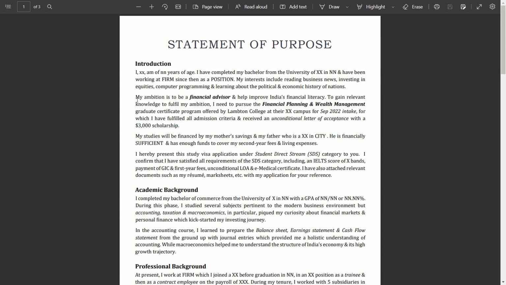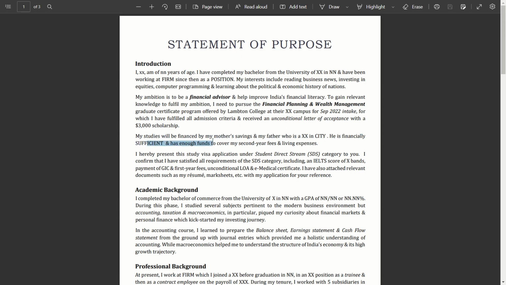Next, this paragraph connects my future to my distant future, which is coming back to India, and again gives a good idea to the visa officer that okay, this guy is a commerce graduate and now he's pursuing a field in commerce and he will go back to India. So far he has no reason to reject my application.